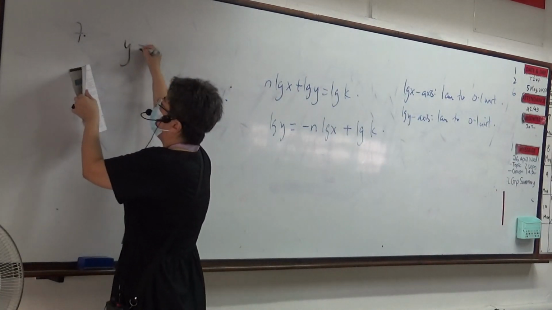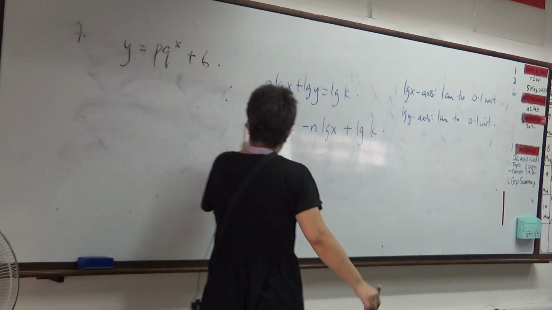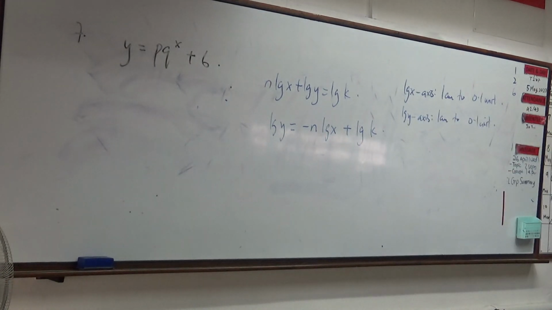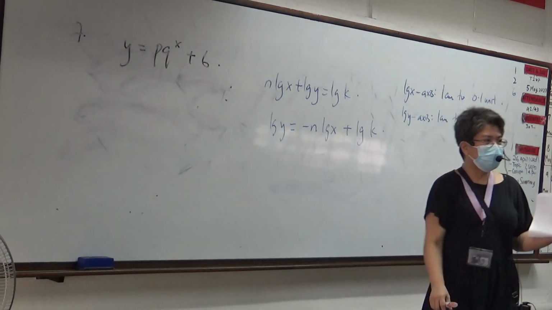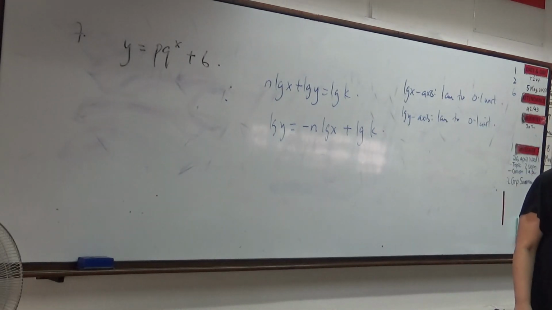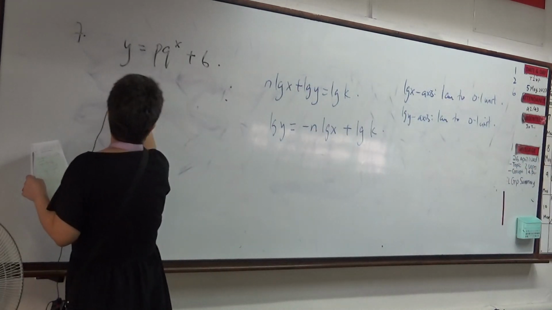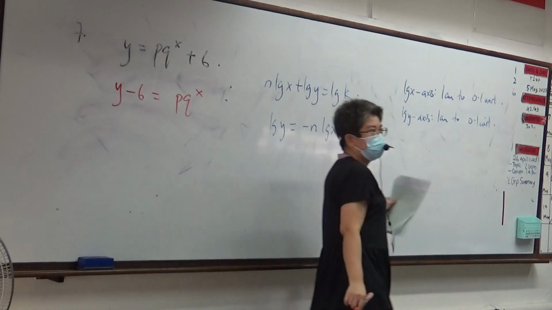I have y equals pq^x plus 6. They say write this in a suitable form, then you are supposed to do the necessary, right? Now this one, why I chose this is because this one is difficult. Can you see it's difficult? Okay? Now what I do is this. Can you understand it?